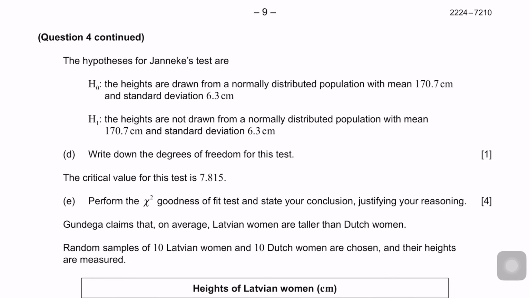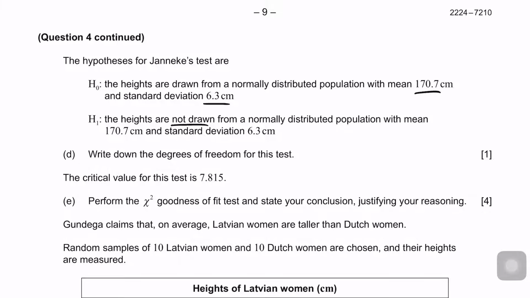So the hypotheses for Yannicka's test are: the heights are drawn from a normally distributed population. That is to say, it does actually reflect a normally distributed population with mean and standard deviation, or it is not drawn from a normally distributed population.